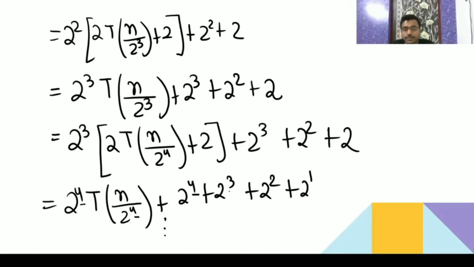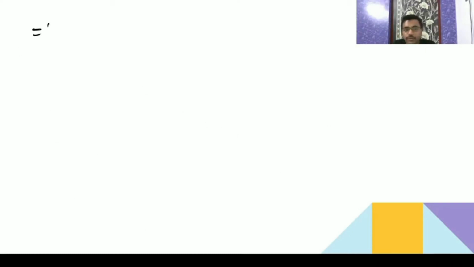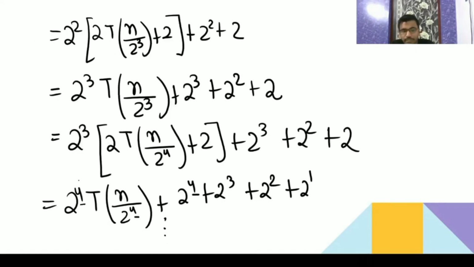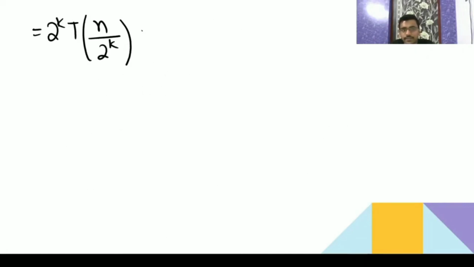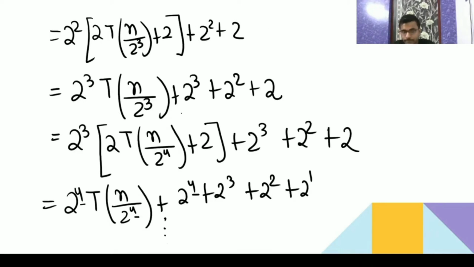So I am assuming now for k, T(n/2 to the power k) plus 2 to the power k, plus 2 to the power k minus 1, plus 2 to the power k minus 2. Like this it will go till 2 to the power 1. I am assuming a common term k.